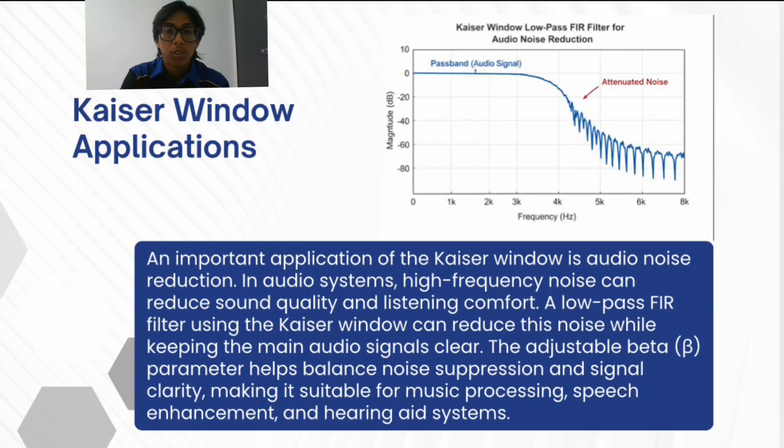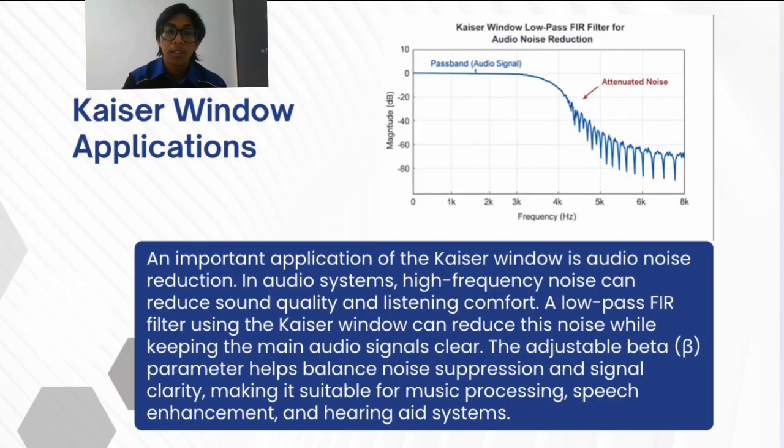So for the Kaiser window application, the graph shows the audio noise reduction made by the Kaiser window. An important application of the Kaiser window is audio noise reduction. In audio systems, high frequency noise can reduce sound quality and listening comfort.